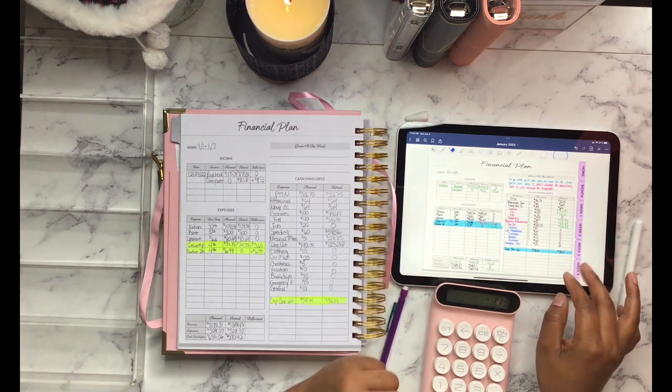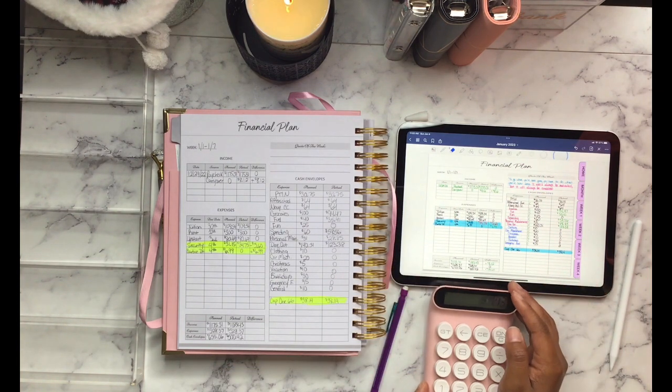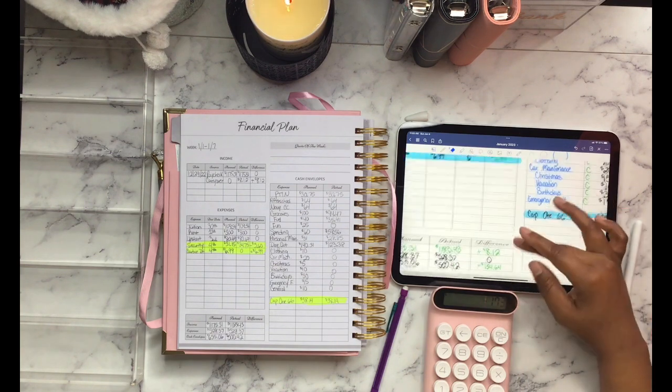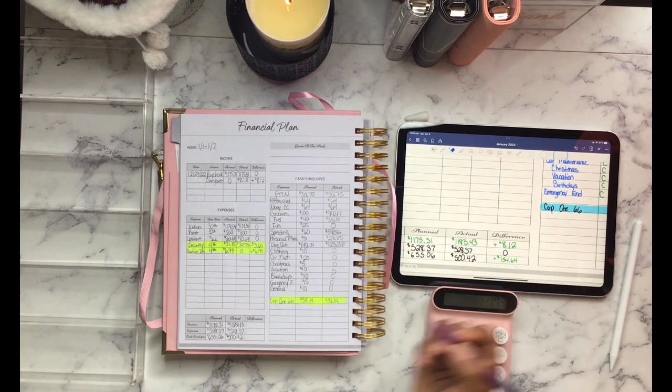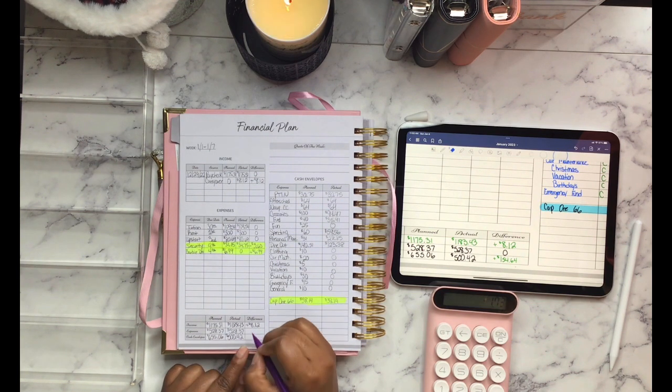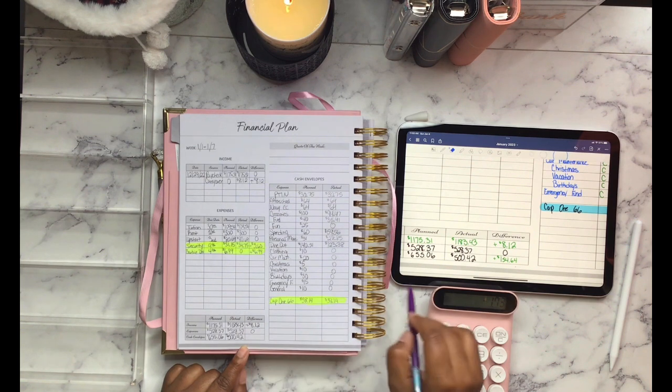So what did I say? Let's first transfer these numbers over here. So the difference in my income, I had an extra $8.12. The difference in my expenses, there was none.